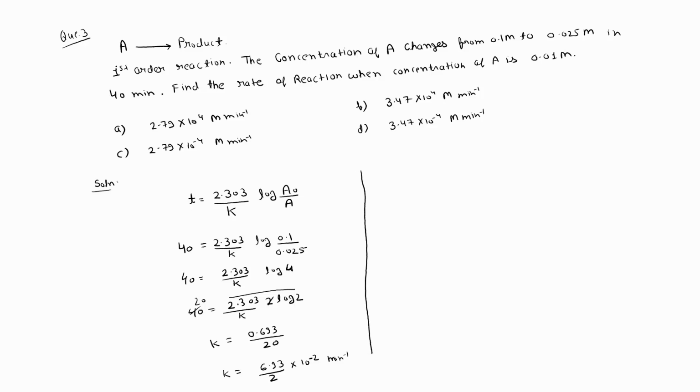The reaction is A to product, so rate can be written as R is equal to K[A], and we have to find the rate of reaction when the concentration of A is 0.01 M. Then rate is equal to 6.93 divided by 2 into 10 to the power minus 2, into 10 to the power minus 2, which is 3.465 into 10 to the power minus 4 molarity minute inverse. So the answer is D part.